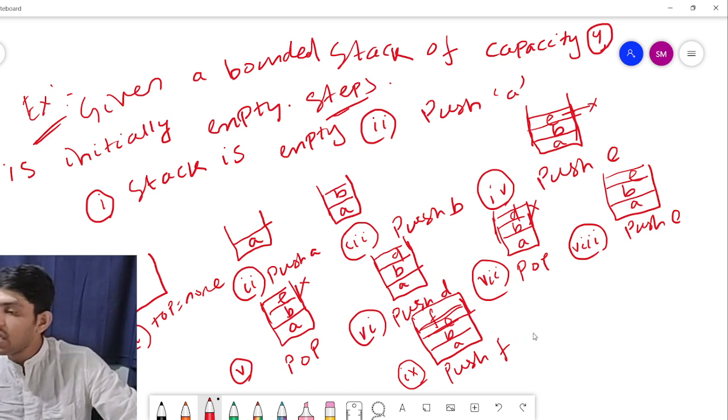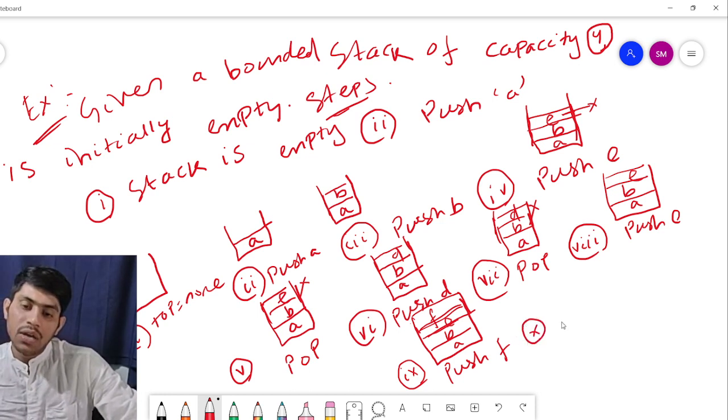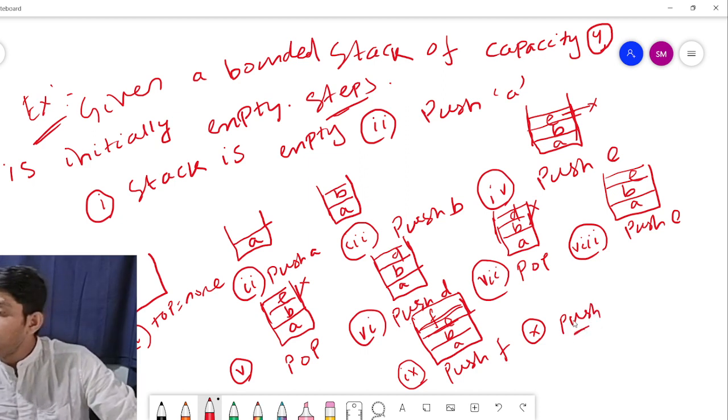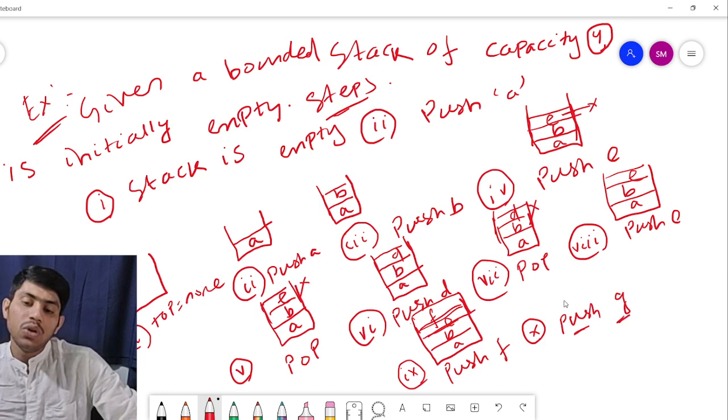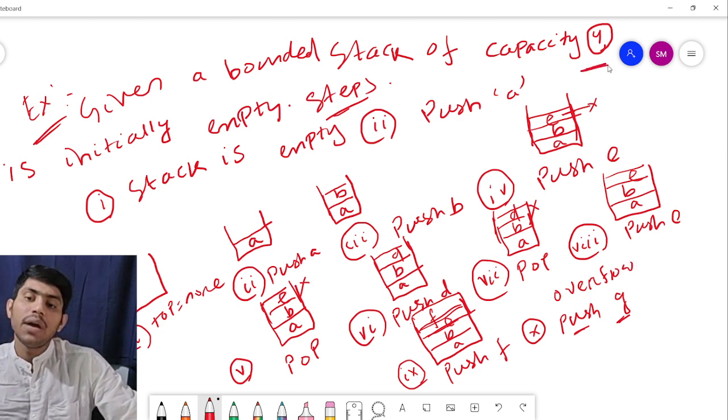Now push G. What will happen? Will an overflow error come or not? Because we have taken the stack capacity 4, the stack is already full and we are entering data again.